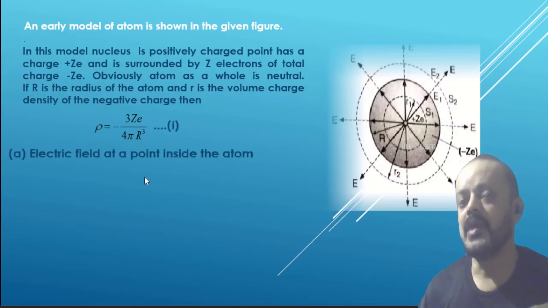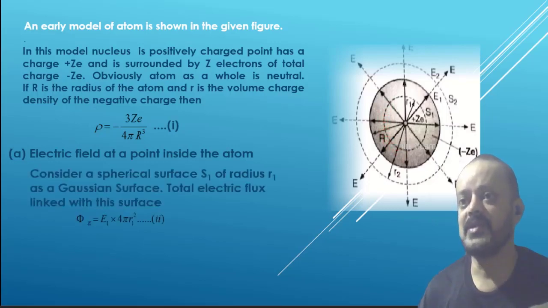Now the electric field inside the atom. To obtain the electric field inside the atom, we consider a Gaussian surface of radius R1 as shown in the figure. So the electric flux linked with this Gaussian surface will be given by phi E is equal to E1 multiplied by 4 pi R1 square.